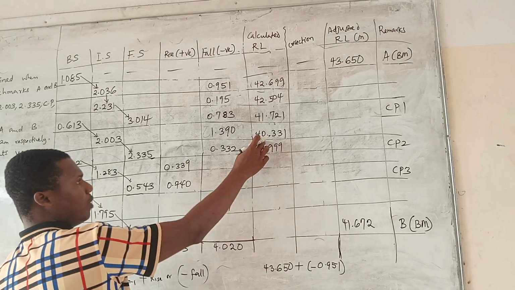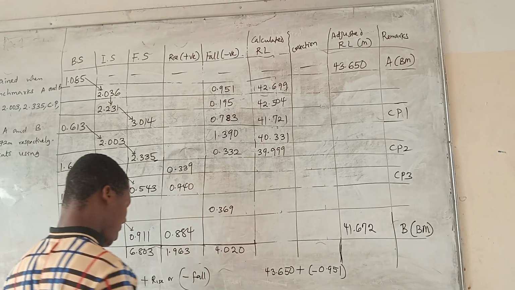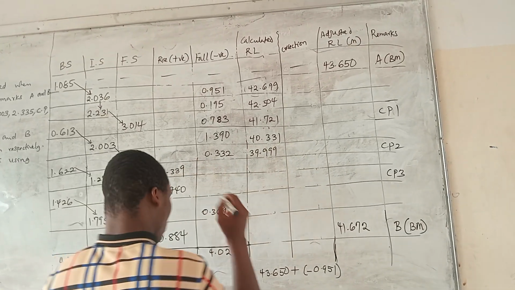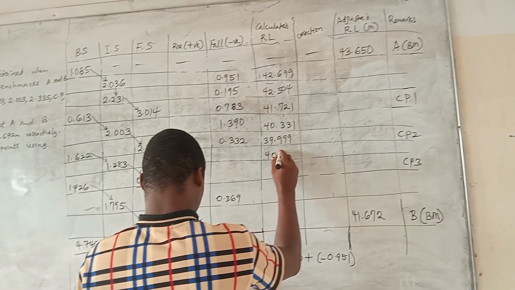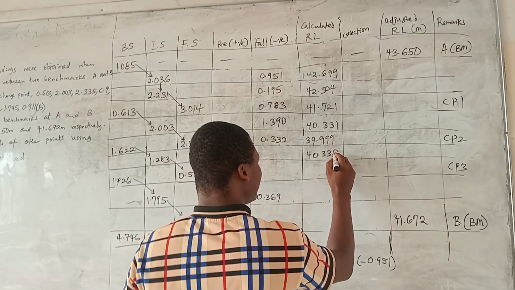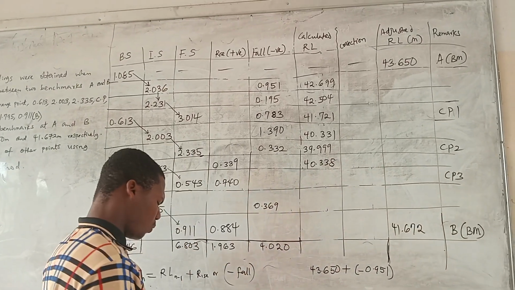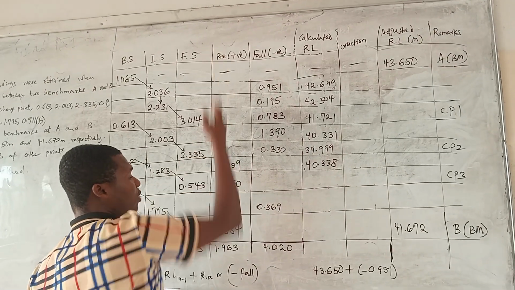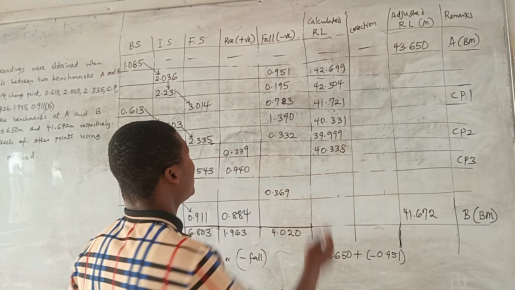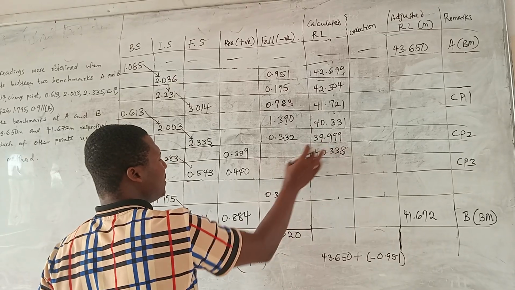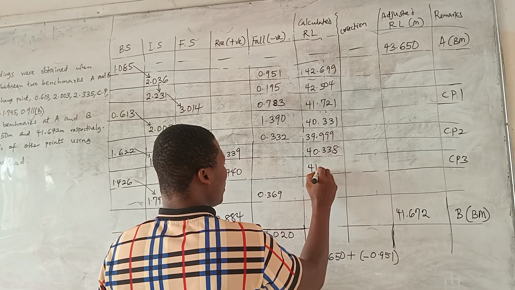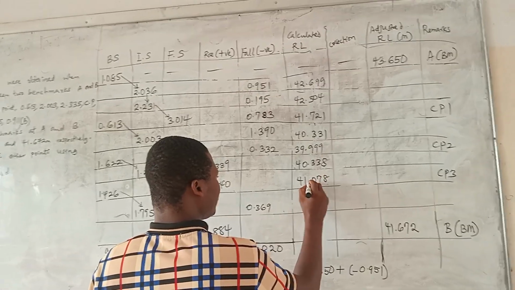When the addition of this one and this one equals 40.338, alright, when you have that, you add this one and this one together, since this is a rise, and I've told you rise is positive. So the addition of this one and this gives us the next reduced level, which is 41.078.